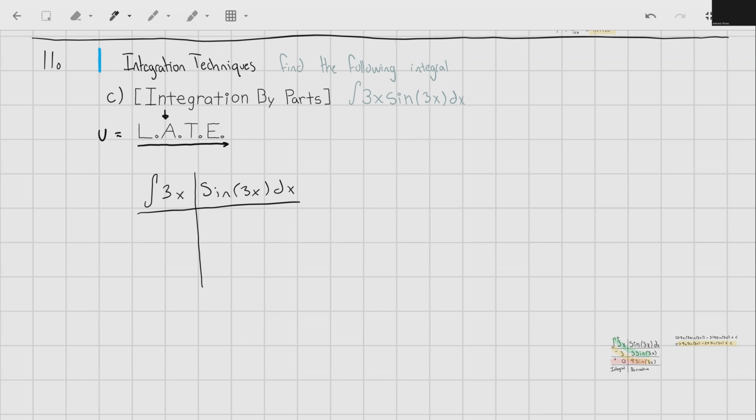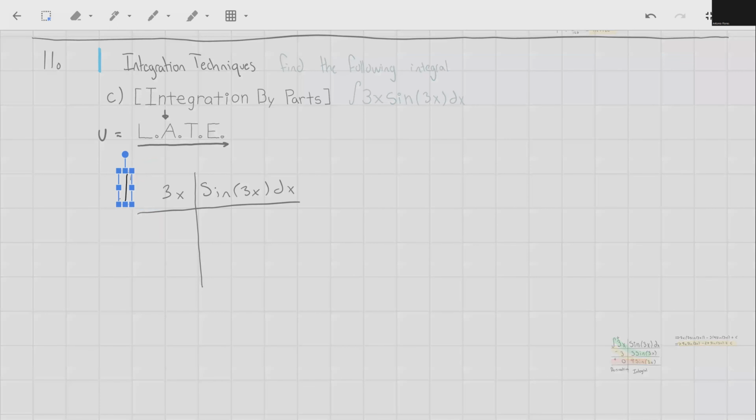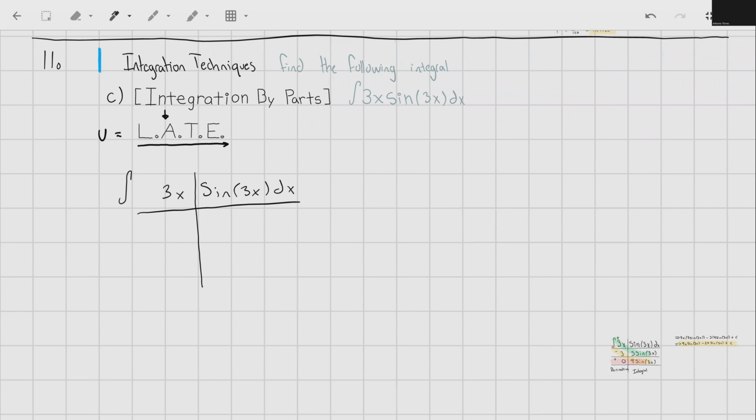We do this until the left side becomes 0. So actually, this should be, the left side is the derivative.